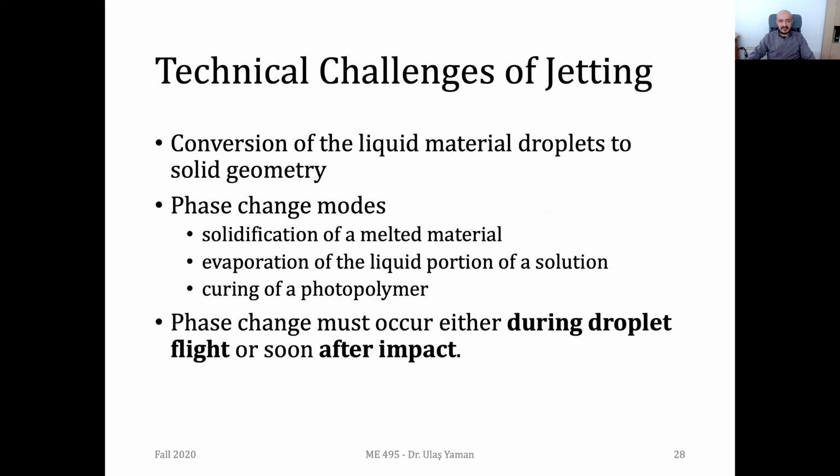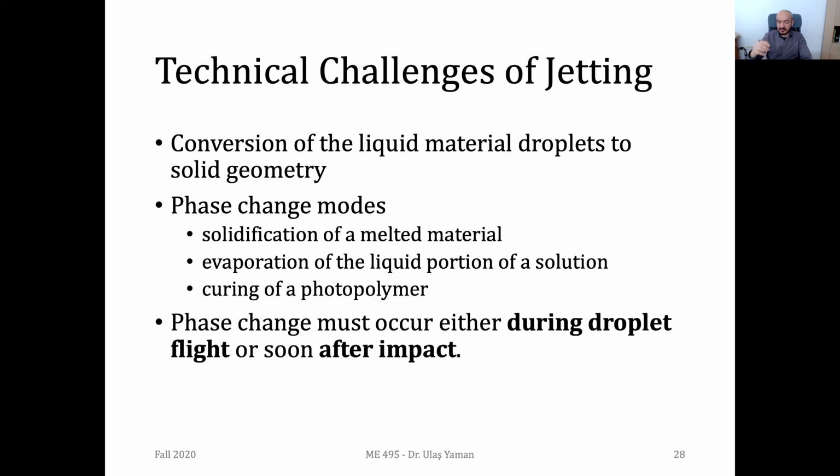So you may have phase changes, since this is a printing process, and at the end of the printing process we want to have a solid product, right? We cannot maintain the shape of liquid or semi-liquid materials. We need to somehow solidify the jetted or deposited material.